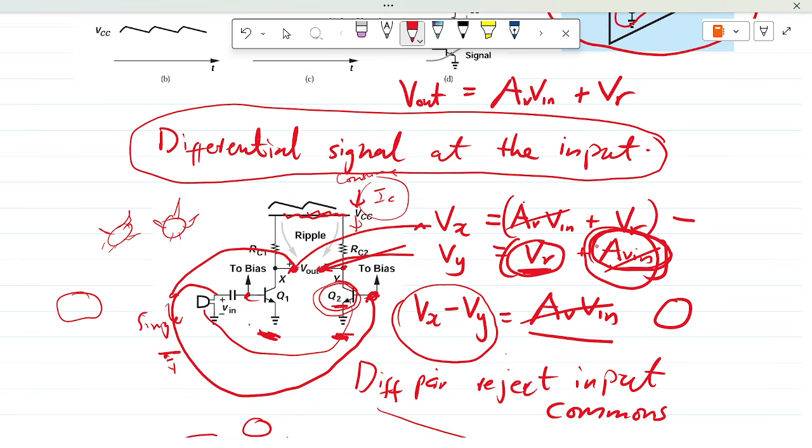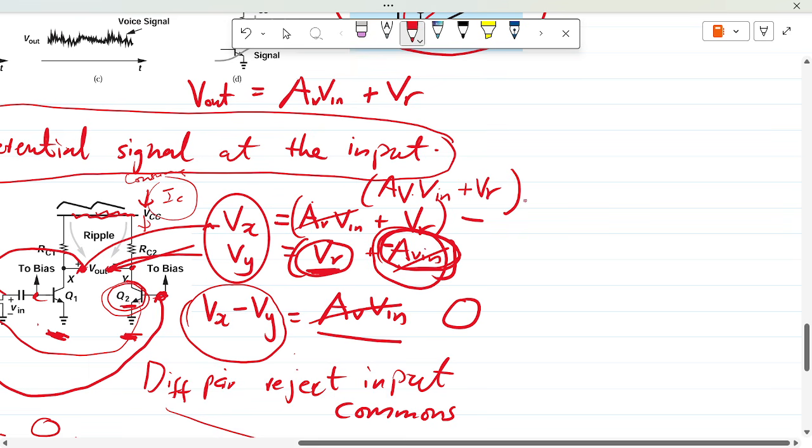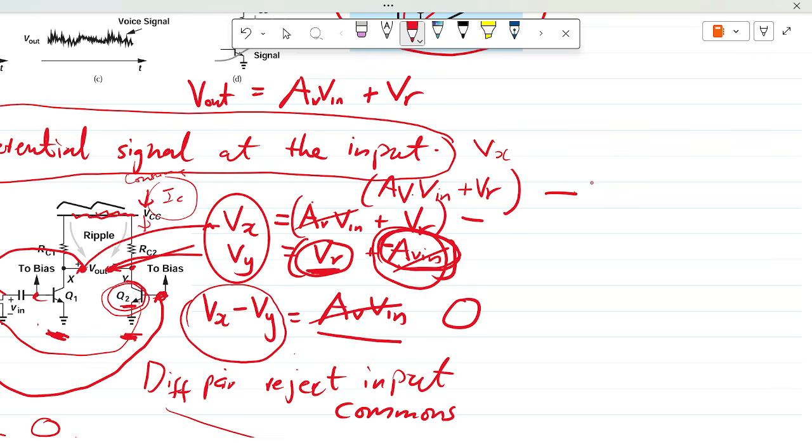But what if we made the actual signal we needed negative? Then subtracting Vy from Vx would mean we would have the gain times the input, that's the output, plus the ripples from the noise as Vx, minus the negative output signal.